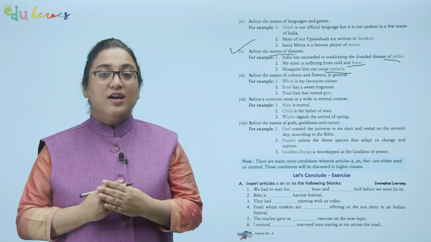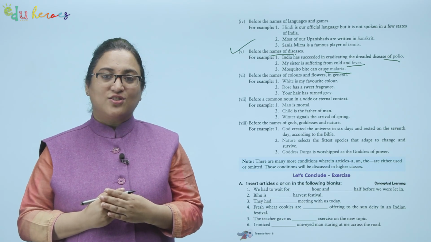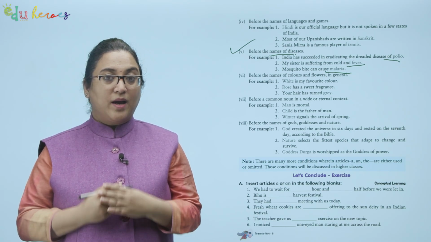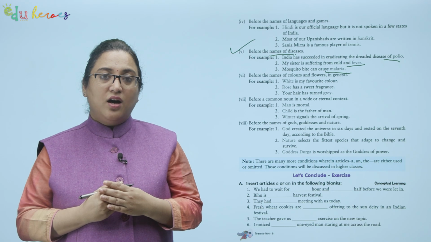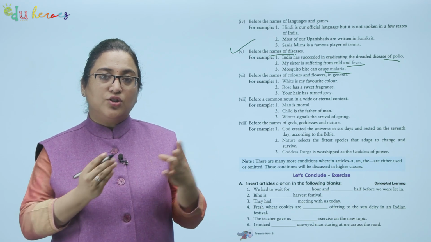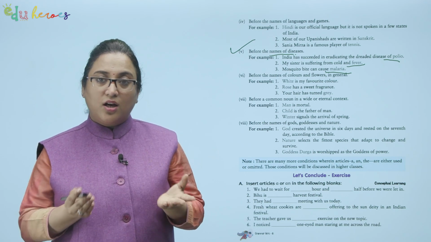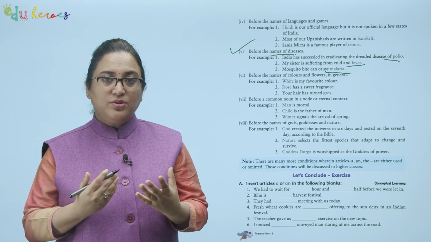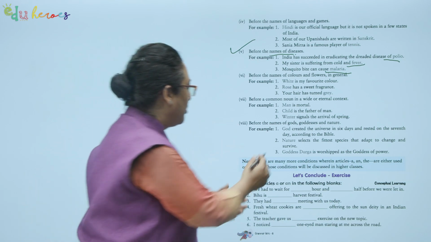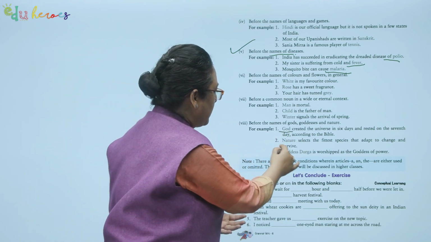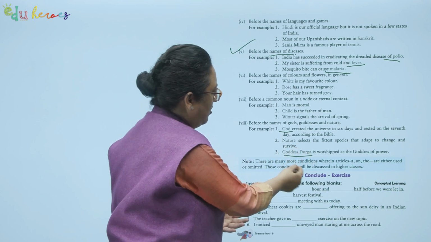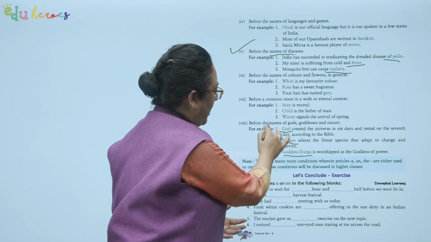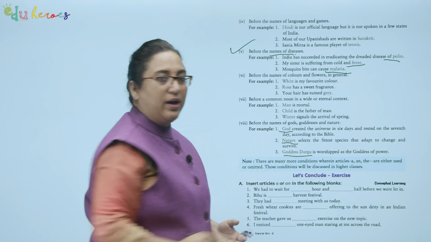Goddess Durga is worshipped as the goddess of power. I'm sure you have observed how before the names of gods and goddesses in nature, none of the articles are used here. So for the general word God also and specific goddess Durga also, none of the articles are required before them.